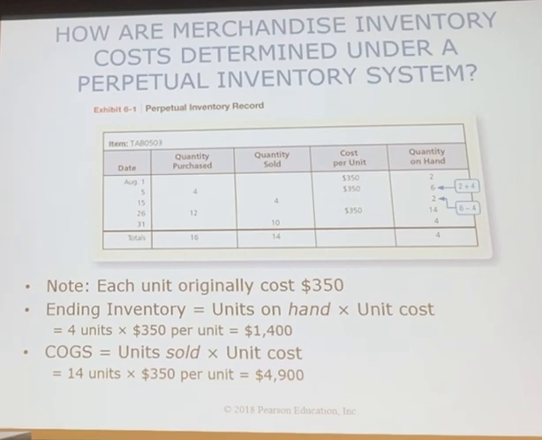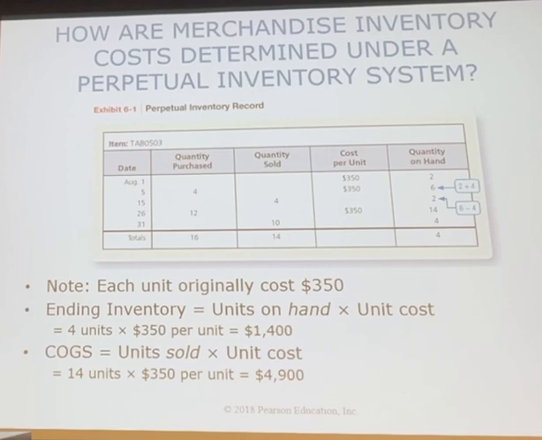Then on August 5th, we purchased 4 more. We paid $350 for each of those. On August 15th, we sold 4 of the units. On August 26th, we purchased 12 more, paid $350 each for those. And on August 31st, we sold 10 of the units. So we ended up at the end of the month with 4 of the units on hand.